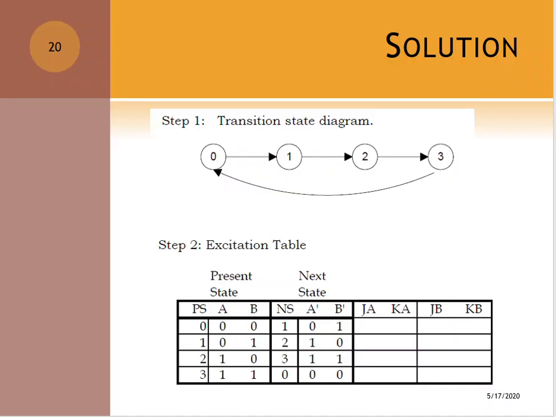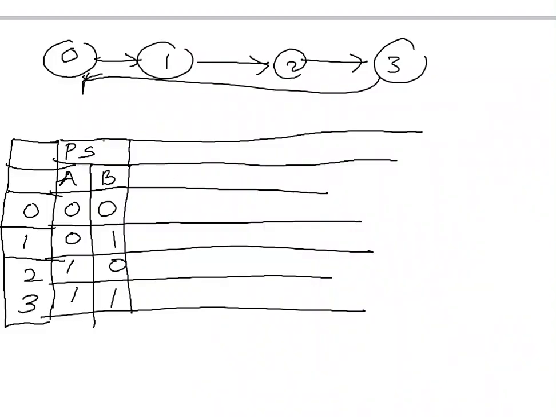So the same thing here. Present state A, B. Or it's better if you put it in this way. Present state, and then next state.